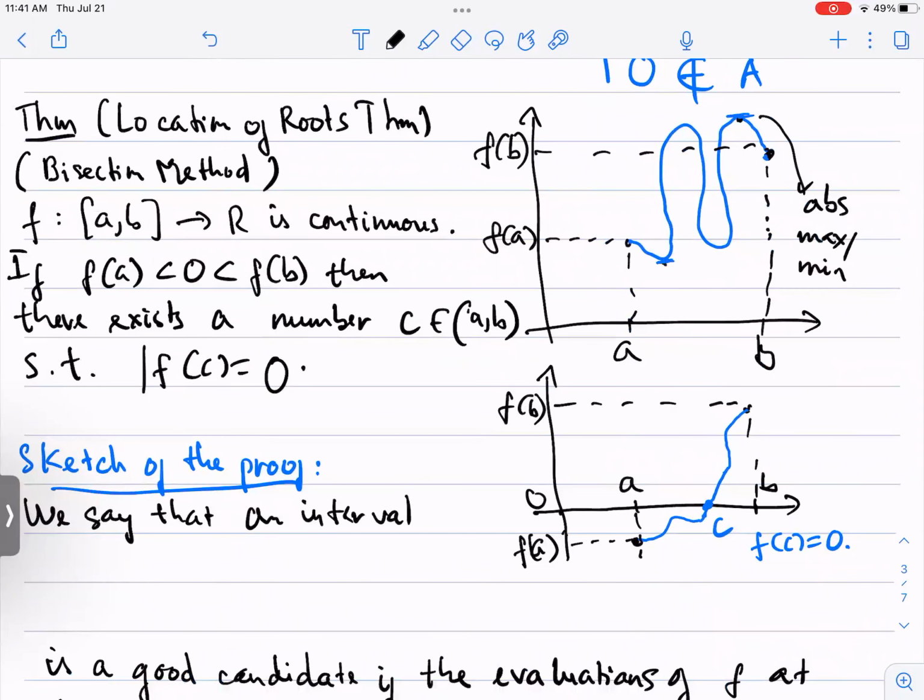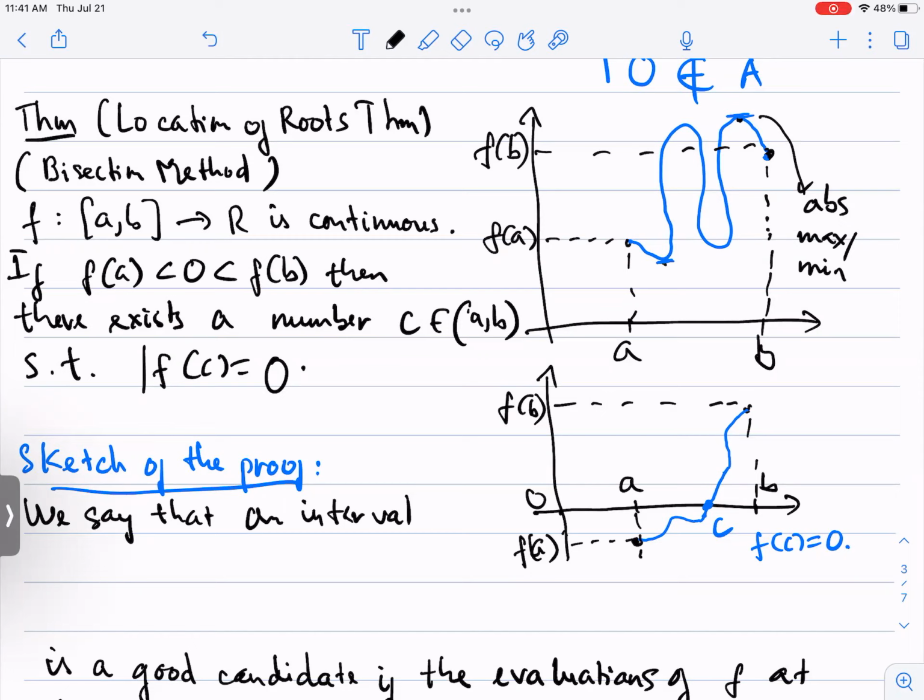Now the next theorem will be important to prove the Bolzano intermediate value theorem. It's called the location of root theorem or the bisection method.